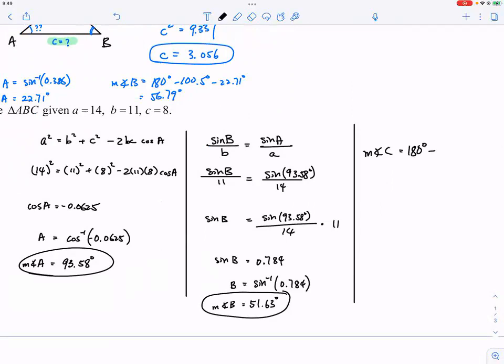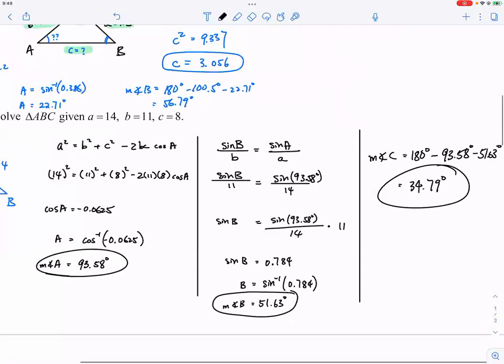And how would I find angle C? I'll just do 180 minus 93.58 minus 51.63, and that should give you 34.79 degrees.